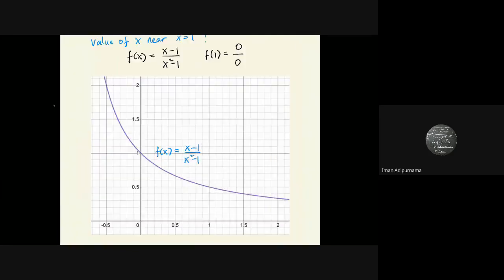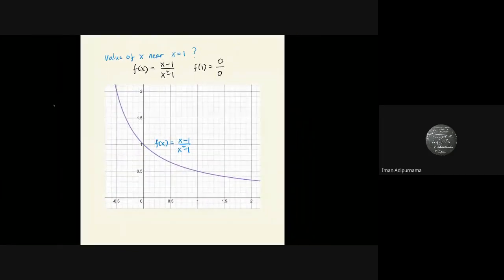But when we see the graph here, let's say this is 1 here, and it says 0.5. I'm not sure in your calculator, for those who have a graphing calculator, if you try to make the graph x minus 1 over x squared minus 1, is your calculator showing just a continuous graph or not?